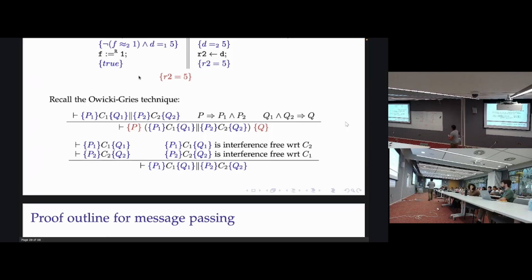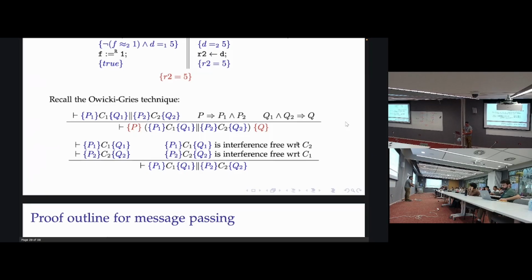What you need is not only correctness locally, you also need some kind of resilience against this interference that's occurring in the other thread. That comes from these two properties here. So you've got this interference freedom condition from this other side.